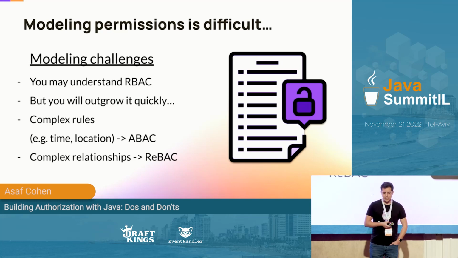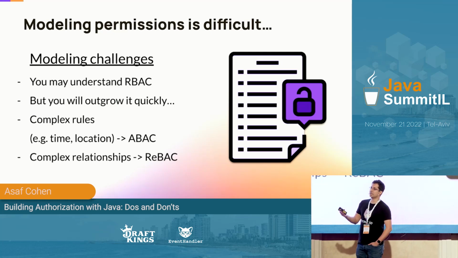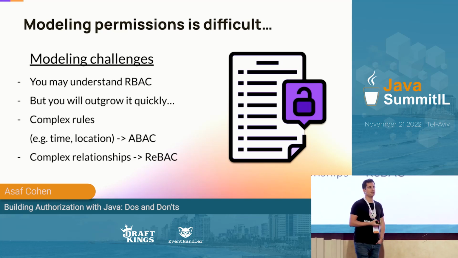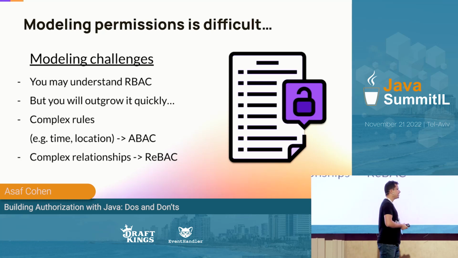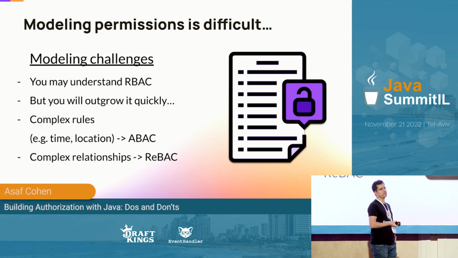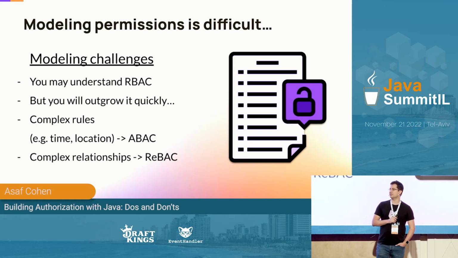Then it becomes more complicated. You need maybe role-based access control with ownership. It's a different variant of RBAC, okay? Or you want attribute-based access control, which means I am getting access based on the user attributes. You might have complex relationships and you need relationship-based access control.